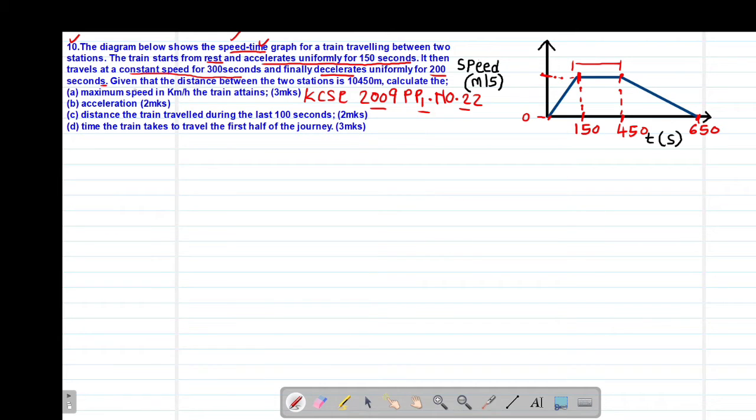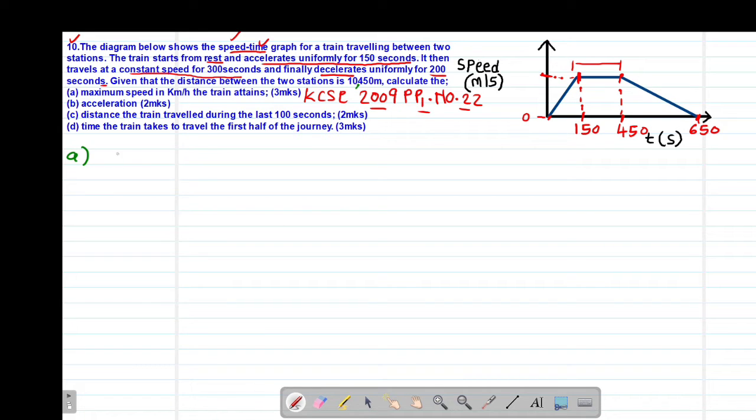Then we are told that the distance between the two stations is 10,450 meters. Calculate part A, the maximum speed in kilometers per hour the train attained. There is one fact that you need to always remember: whenever you find the area under a speed time graph, it always gives you the distance.